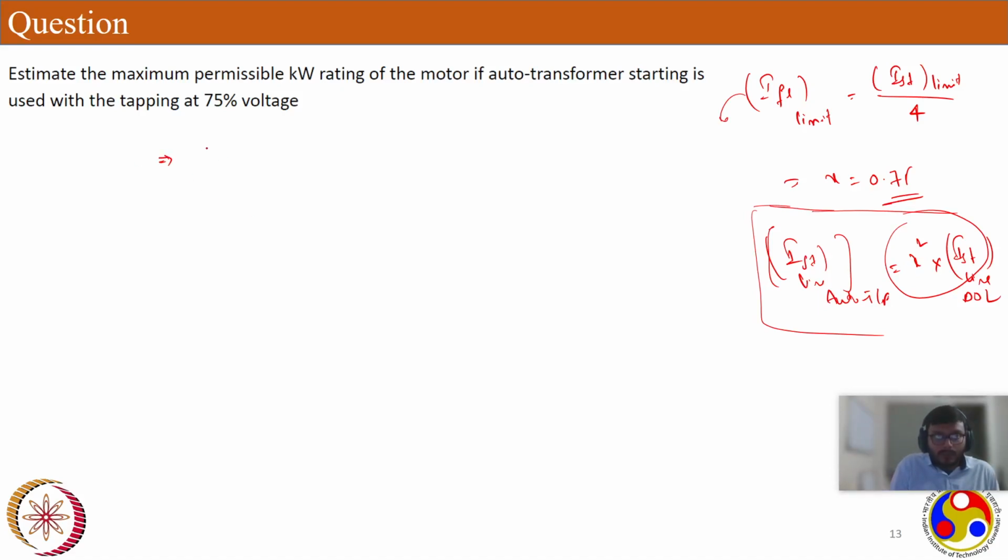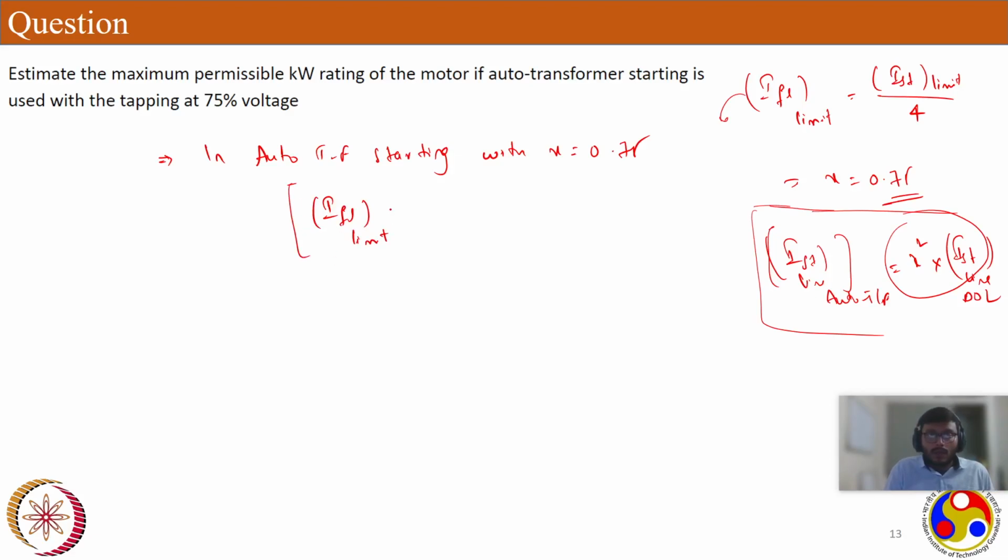So in auto transformer starting with x equals 0.75, my IFL limit will be multiplied by x square, and that will be my new full load current limit.